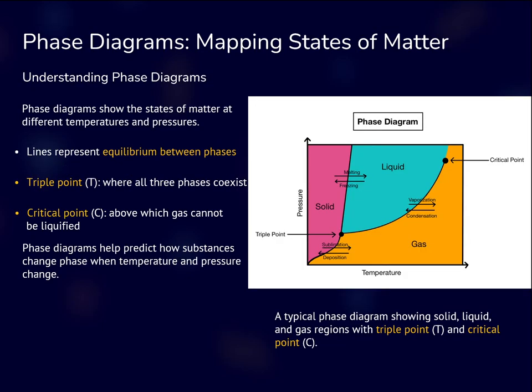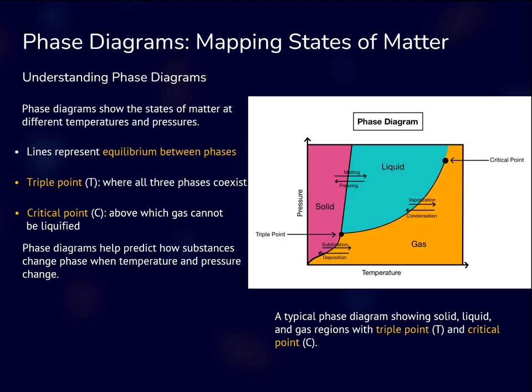Phase diagrams also help us understand the conditions under which a substance changes between solid, liquid, and gas phases. This diagram map shows pressure on the x-axis against temperature, which is on the x-axis. And it shows regions for each state of matter. There are two special points to notice and remember.